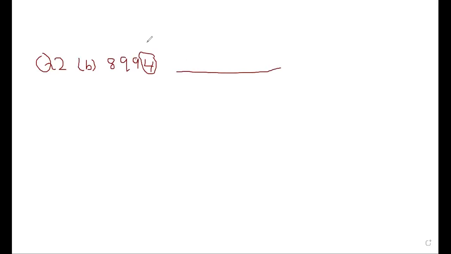Starting from the right side, the first one is ones, tens, hundreds, and the last one is thousands. We have to find the place value of the circled digit. It is placed on ones. So we are going to write only 4. If I write it as a digit number, then it is only 4.